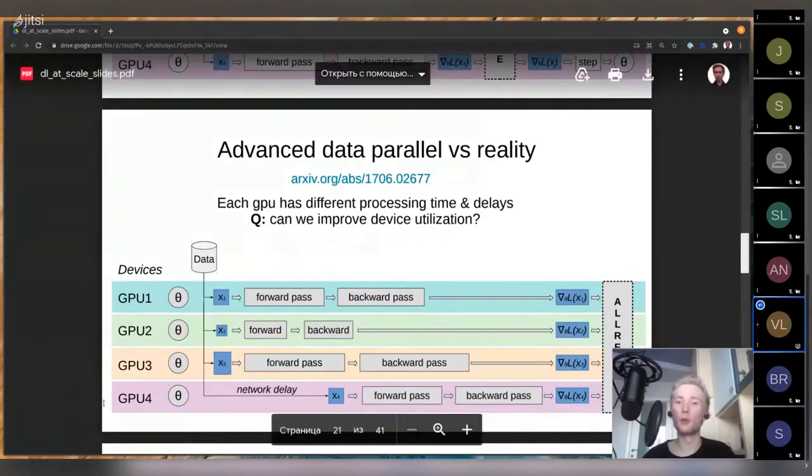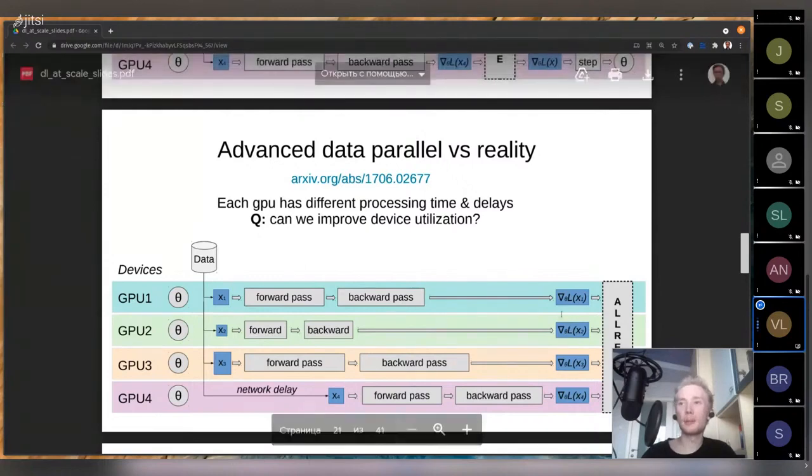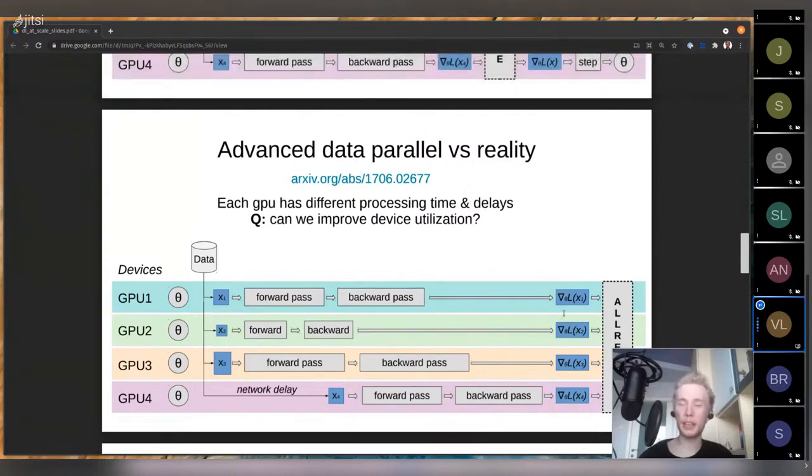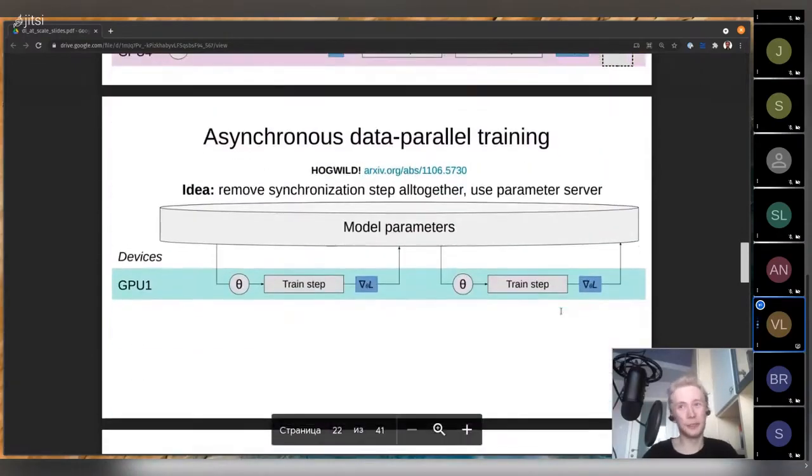And in this case, we have 4, but in reality, we might have 50. So we need some technique not to wait for all of the other GPUs. And as it turns out, the technique is just don't.